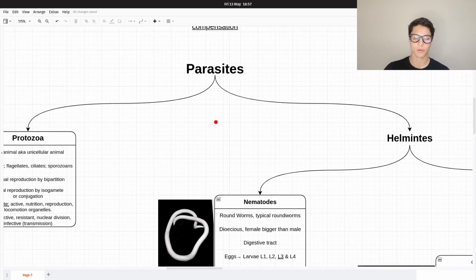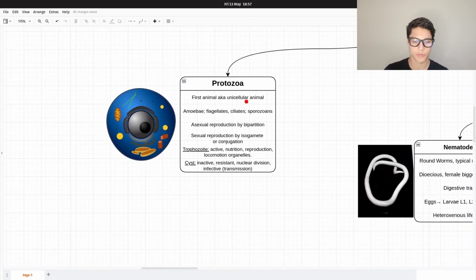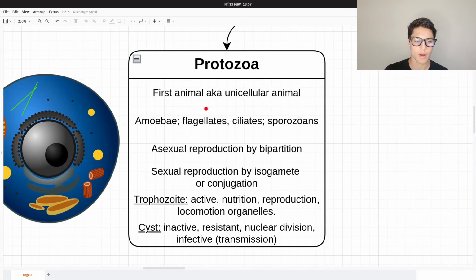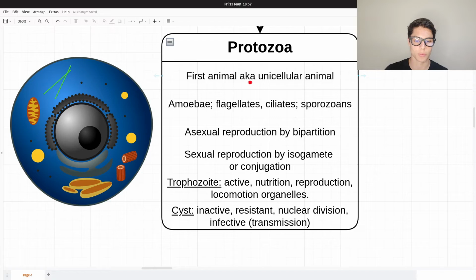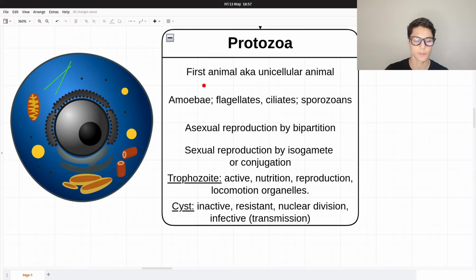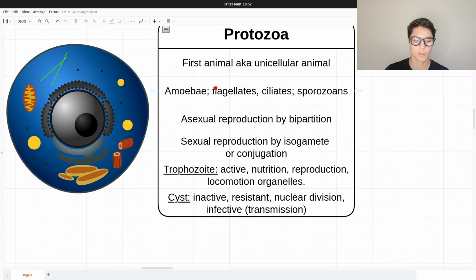Okay, so let's continue. On the other hand, we have the protozoa. Protozoa are the first animals, aka unicellular animals. We have here the amoeba, the flagellate, the ciliate, and the sporozoans. They have two types of reproduction.